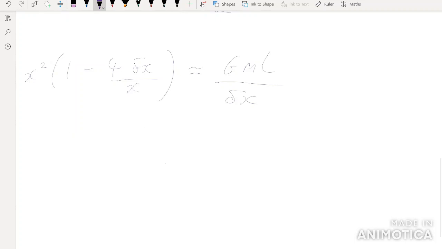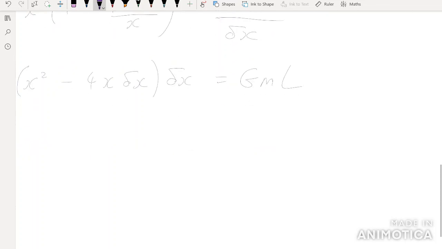Okay, that's looking a lot better. So if we expand that out, we've got x squared minus 4x delta x times delta x equals gm L.